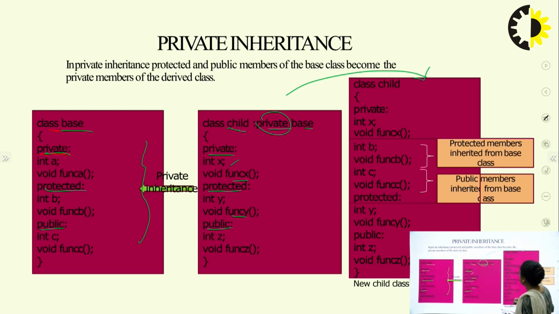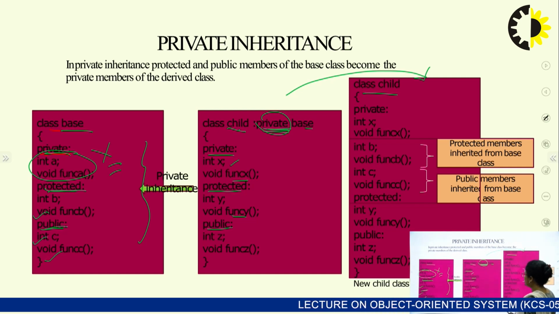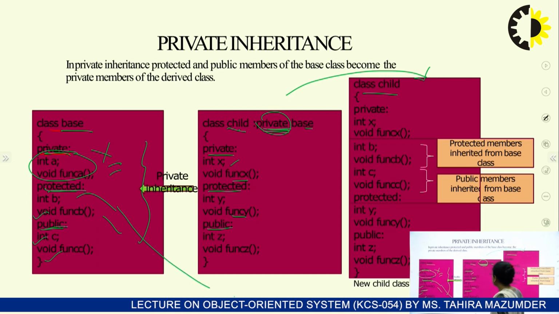This is what actually happens. In the child class, whatever is there will be there. In addition to that, the members from the base class will be coming. From the base class, the private part will not be inherited. Since the inheritance is private, the protected part and the public part, that is int b, void func b, int c, void func c, will become private members.